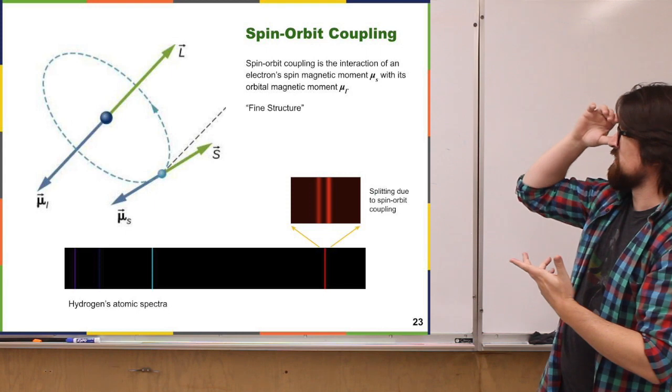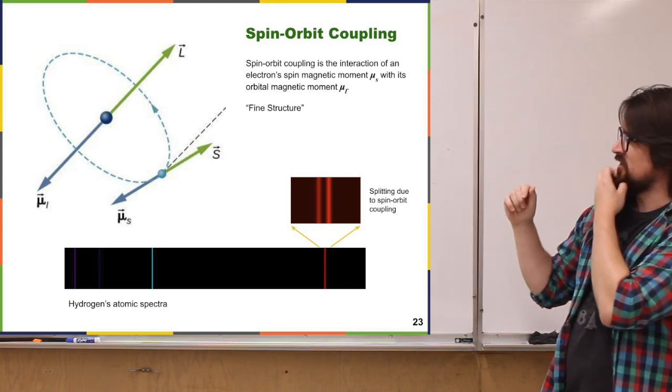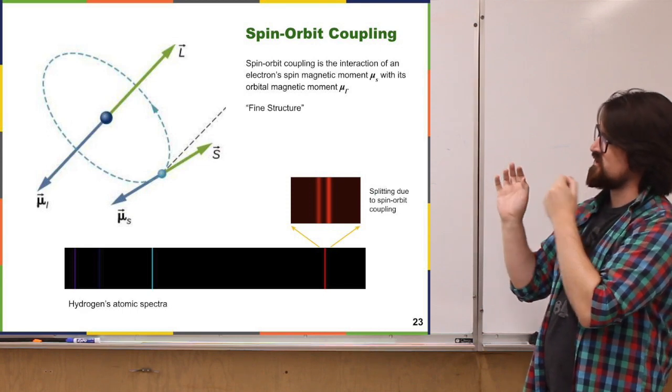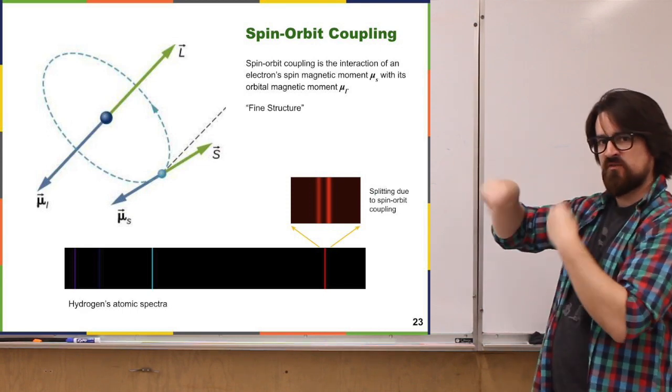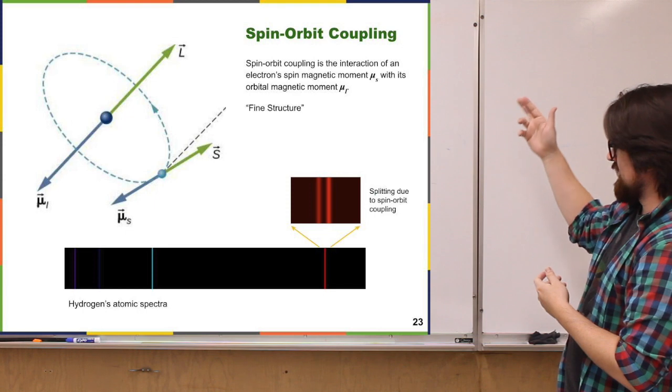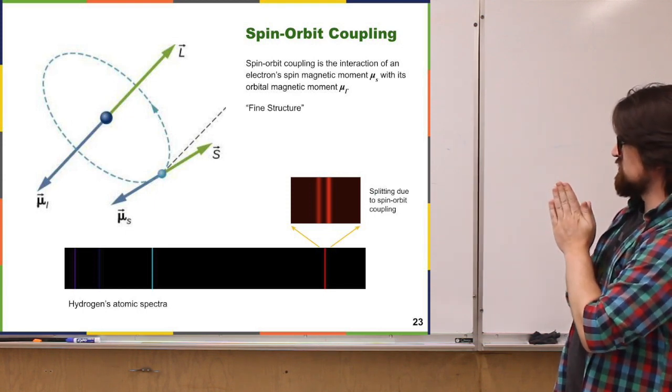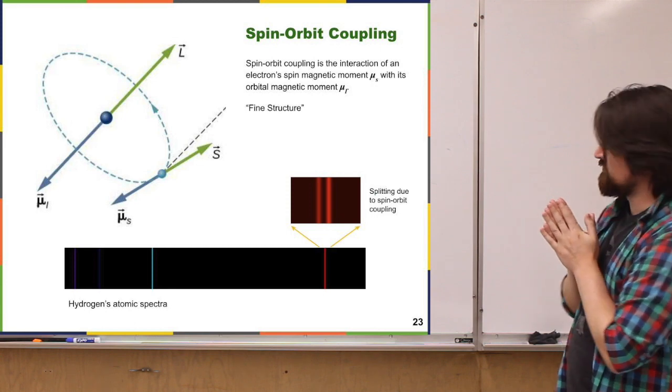This is known as the spin-orbit coupling, right? It's the dipole associated with the spin of the electron interacting with the dipole associated with the orbit of the electron. And that spin-orbit coupling results in this splitting of these spectral lines.